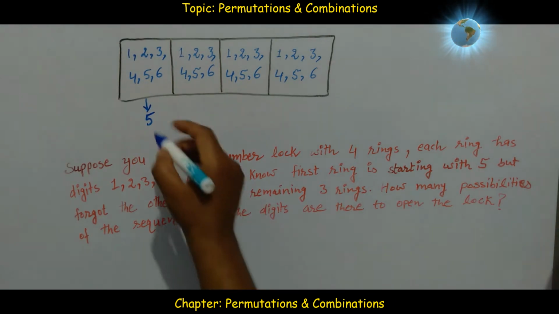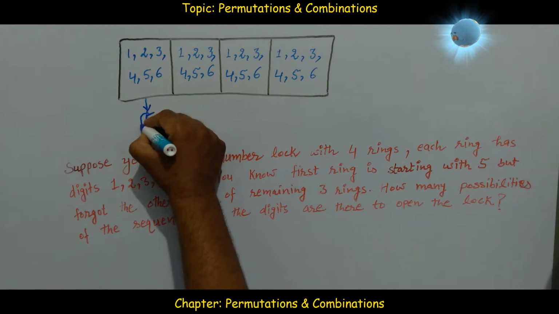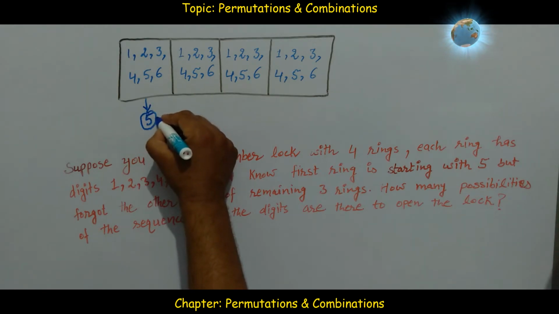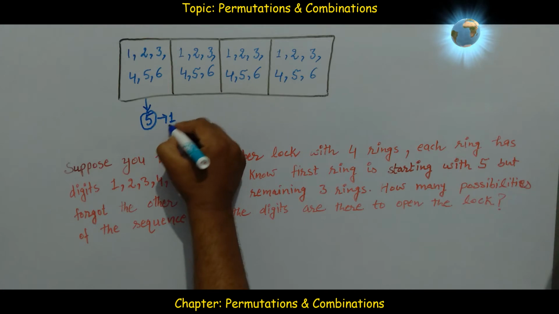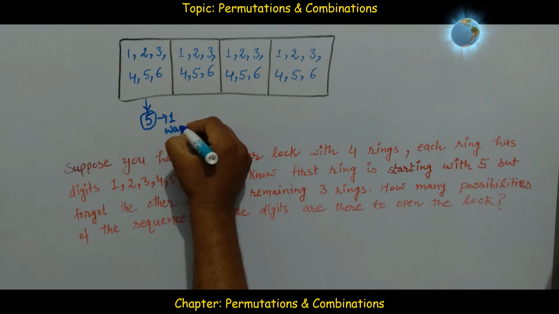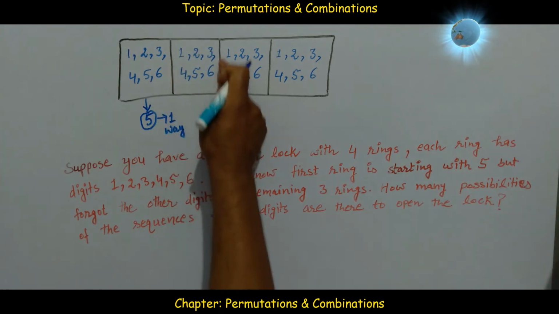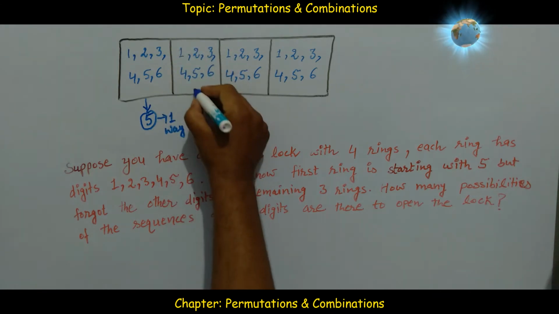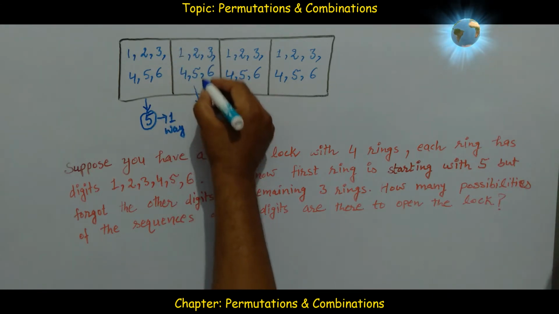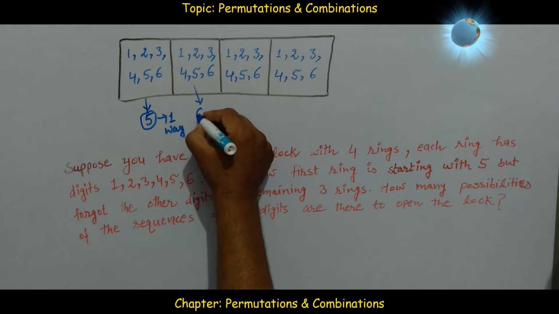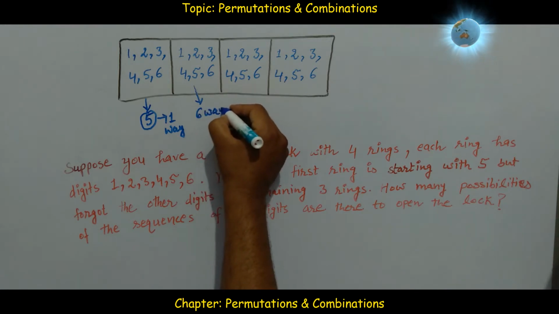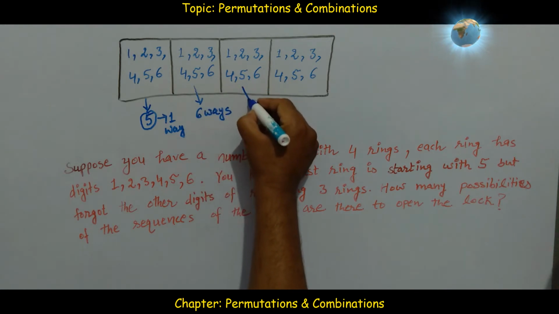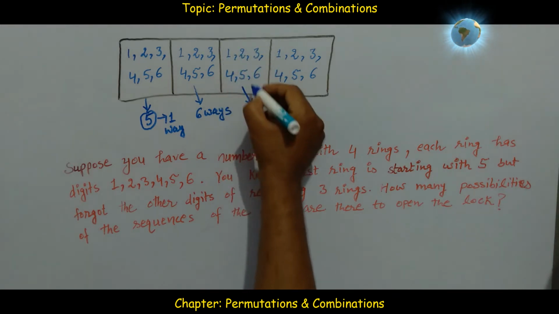So first of all, what we know is this is 5, meaning one way. But here, out of these 6 digits, any one can be taken, so 6 ways. Here also 6 ways.